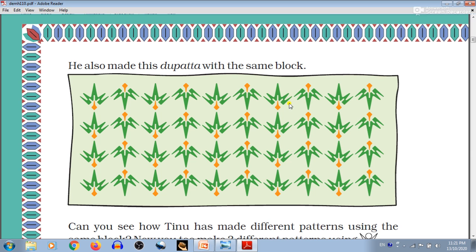But here you see the difference. In the first column these leaves are upward, in the second column these leaves are downward, again upward, again downward. So in this way we are getting a different design of a pattern.